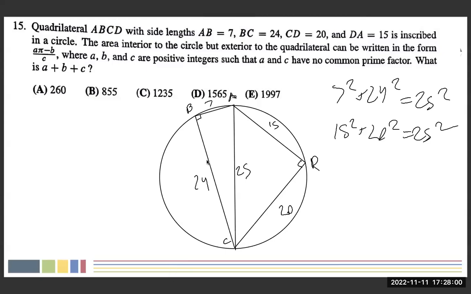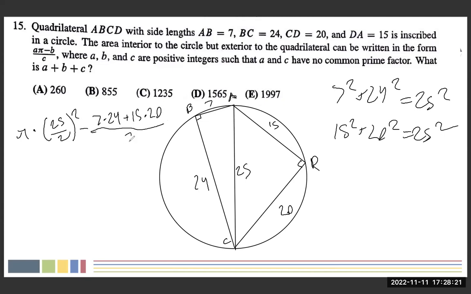And now from here, it's not too difficult to solve because the area of the circle is just pi times 25 over 2 squared, right? Because our radius is 25 over 2. And then we have to subtract the area of the quadrilateral, which is 7 times 24 over 2 plus 15 times 20 over 2.